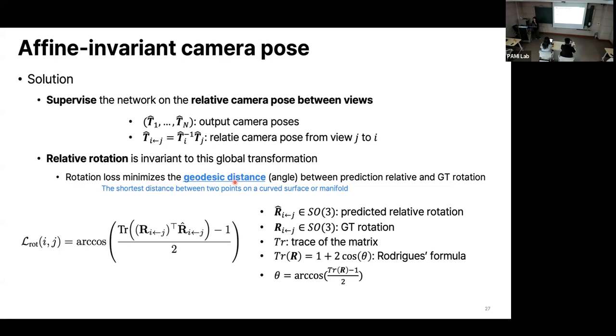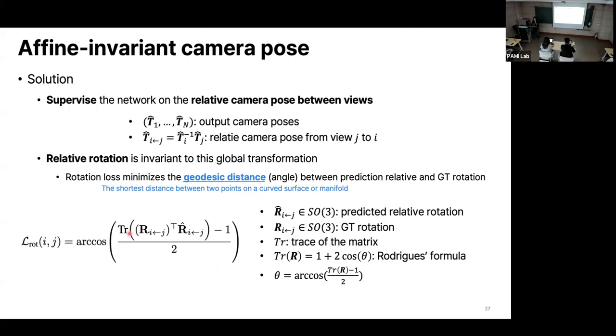The geodesic distance finds the surface distance between two points on a curved surface or manifold. Because the rotation group is a curved manifold, we have to use geodesic distance, and we cannot use the Euclidean distance in here. And this is the loss equation.